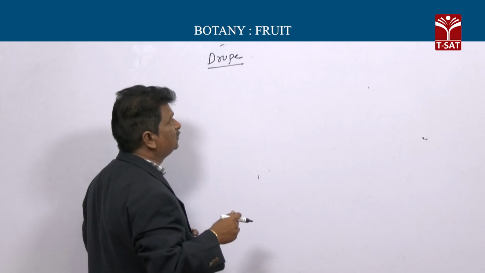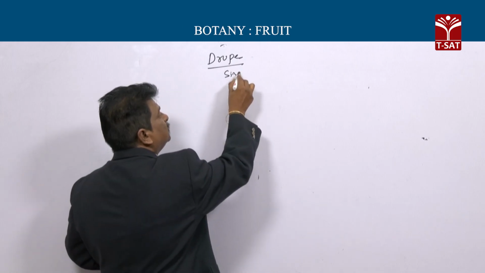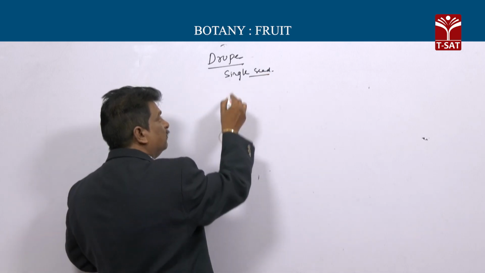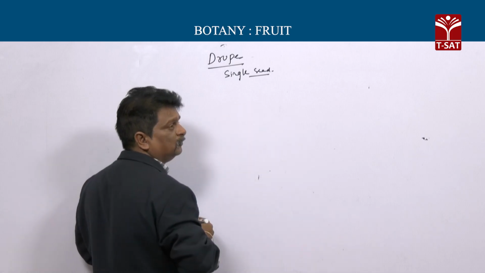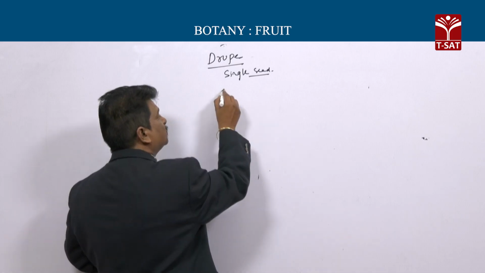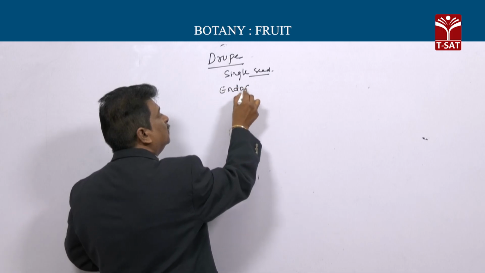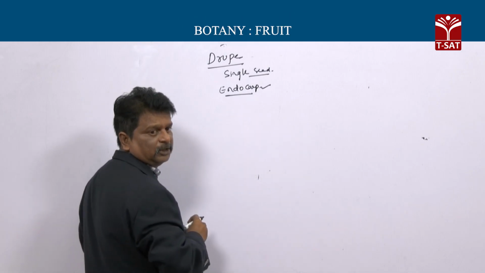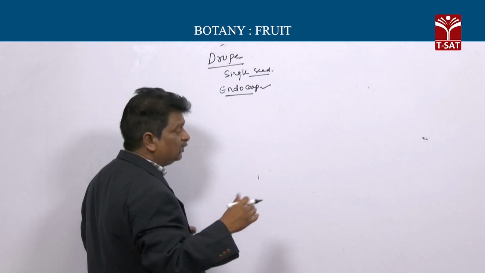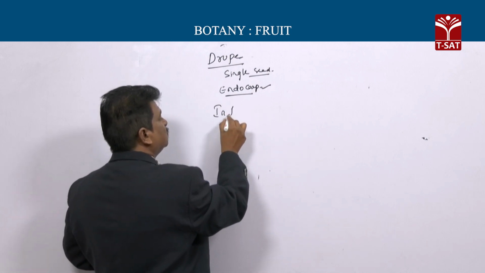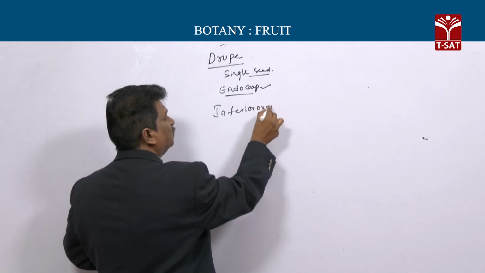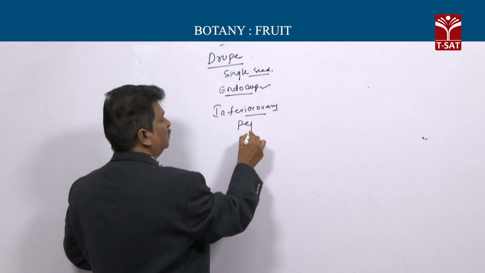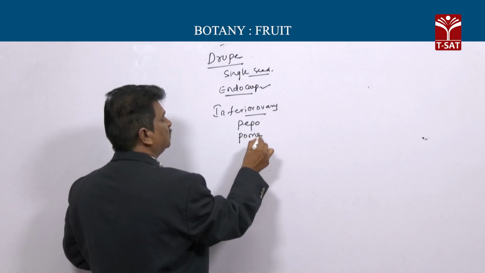Generally, fleshy fruits are multi-seeded, but the single-seeded fleshy fruit is drupe.